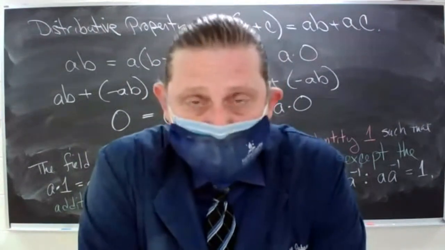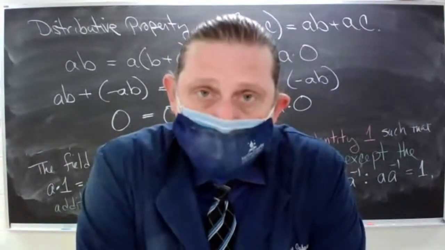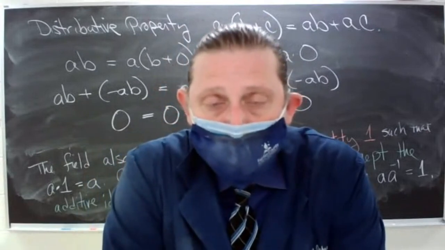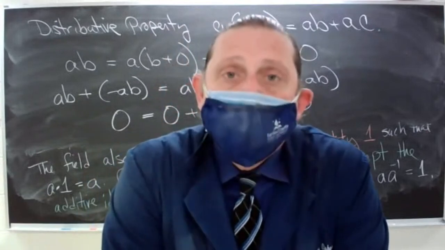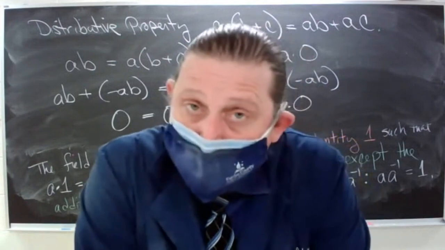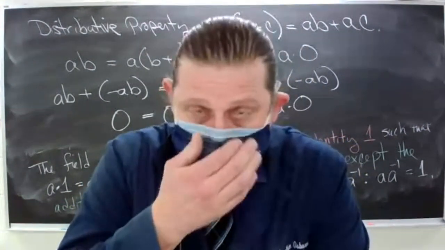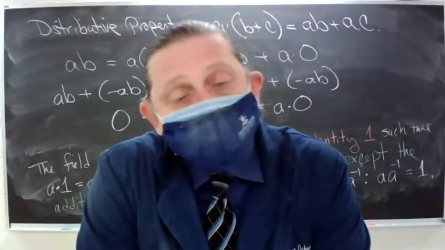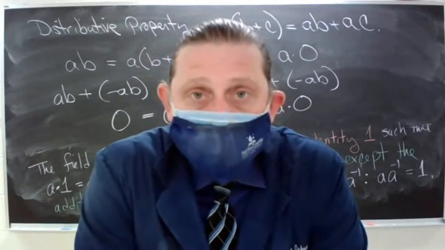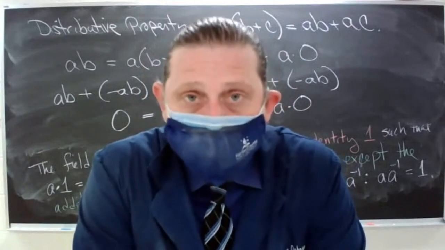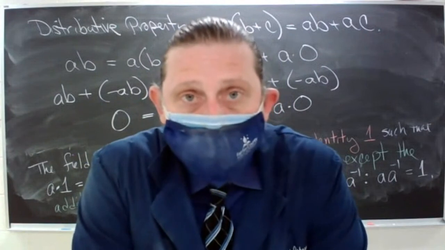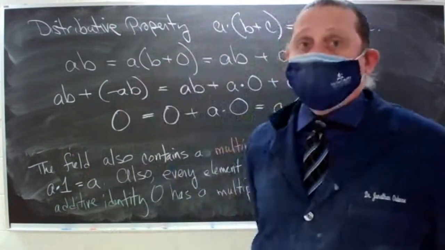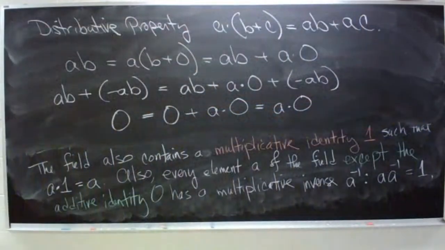In addition, there's a multiplicative identity, 1, such that any element in the field times 1 is equal to itself. Okay? And then every element in the field except the additive identity has a multiplicative inverse, such that that element times its multiplicative inverse is equal to the multiplicative identity. Okay? And then we've got the distributive property. Anything that satisfies all of these properties is called a field.